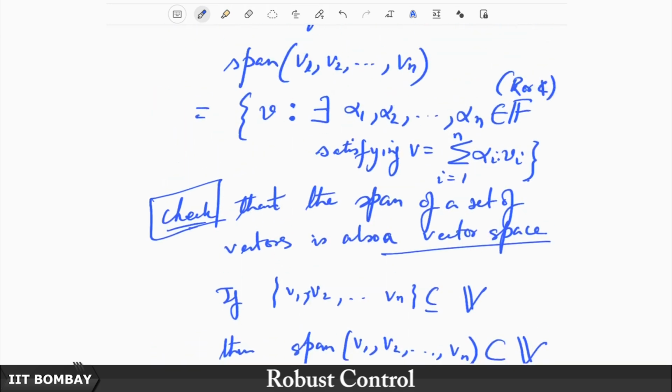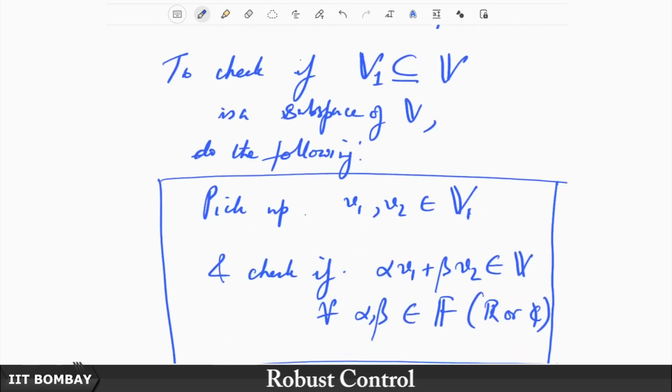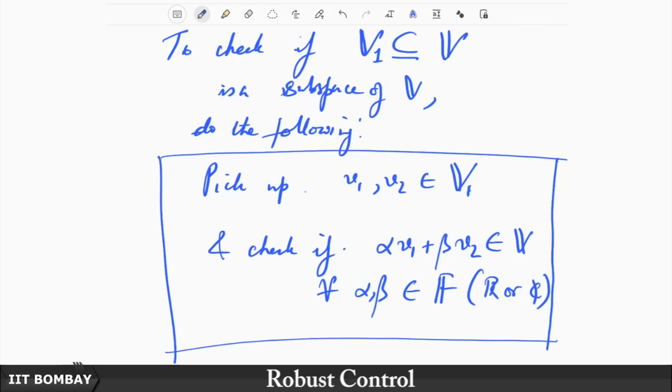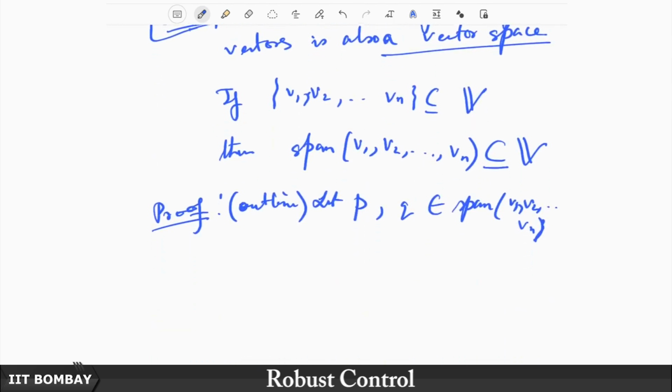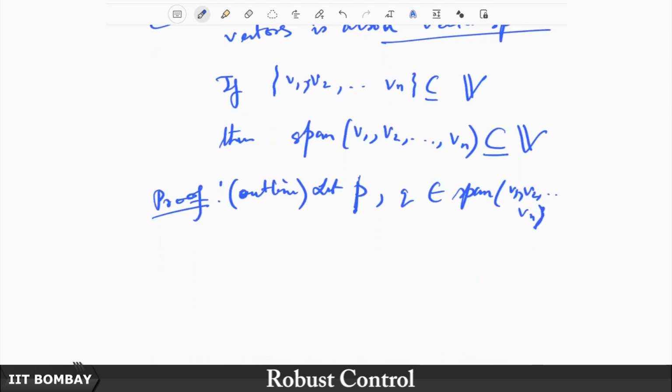And now, just notice how you check whether something is a subspace. You pick any two arbitrary vectors. P and Q are not something special.